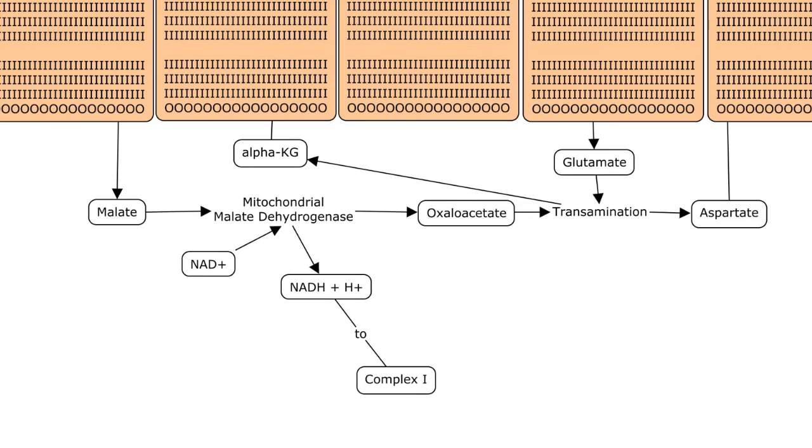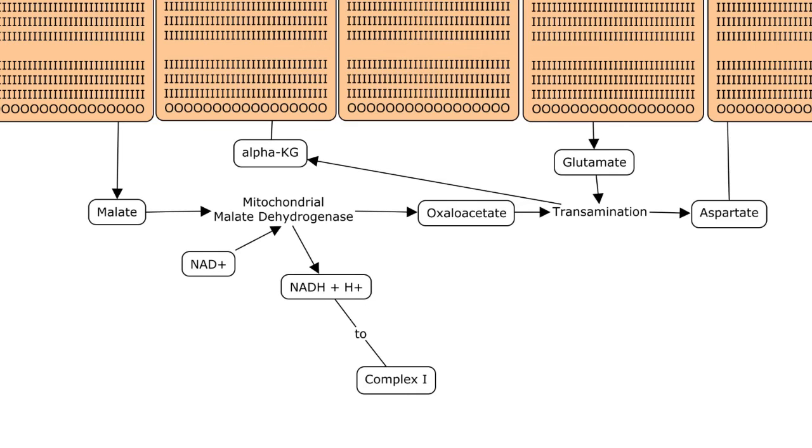Now, you might have noticed that when it was crossing the membrane, you had an alpha ketoglutarate going the other way, and here's why. We have glutamate that has just made a trip across the membrane inside of the mitochondria. So this oxaloacetate and glutamate are going to transaminate each other. The result is the glutamate is going to become alpha ketoglutarate. The oxaloacetate is going to become aspartate.